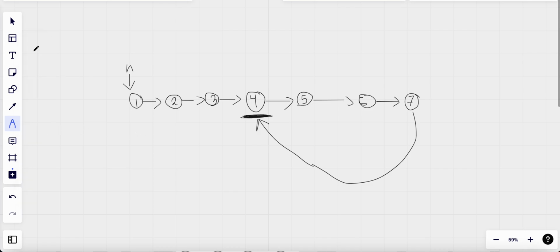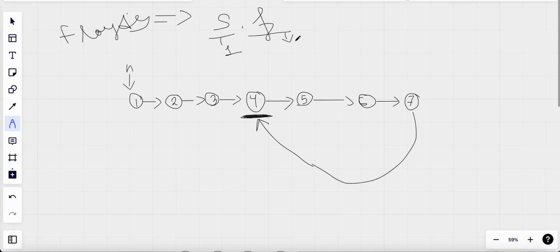For solving this problem, we are going to use Floyd's algorithm. Floyd's algorithm uses 2 pointers, a slow pointer and a fast pointer. So what is a slow pointer and a fast pointer? A slow pointer only moves 1 step at a time, whereas a fast pointer moves 2 steps at a time.